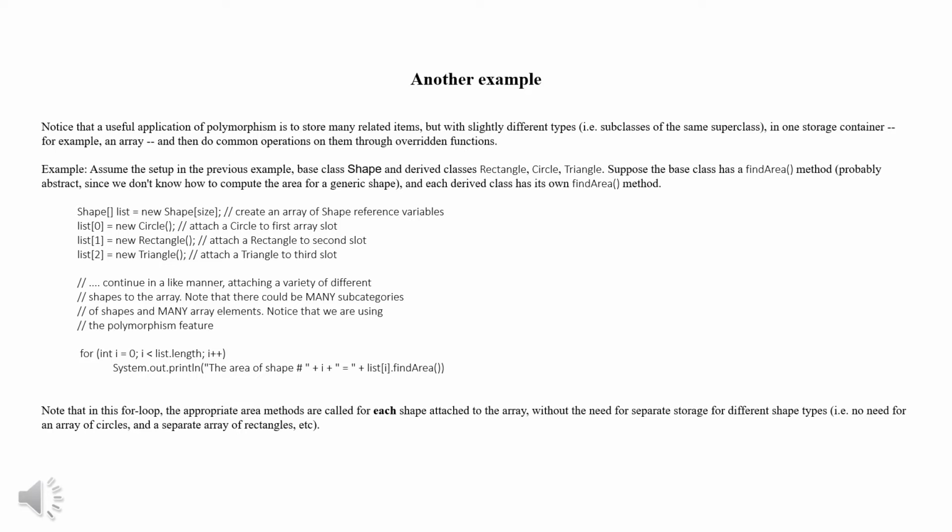And then, for example, if we want to find the area of these objects, we can easily do that with a for loop. We will iterate through each cell of that array and run the findArea method of each object.